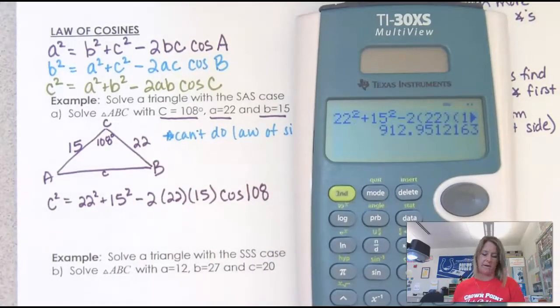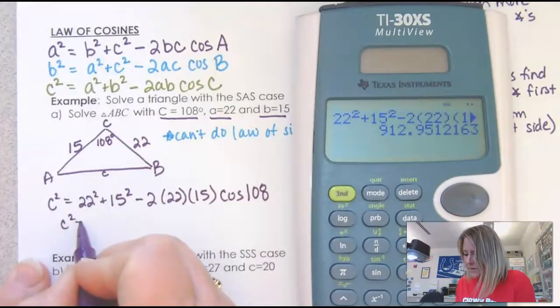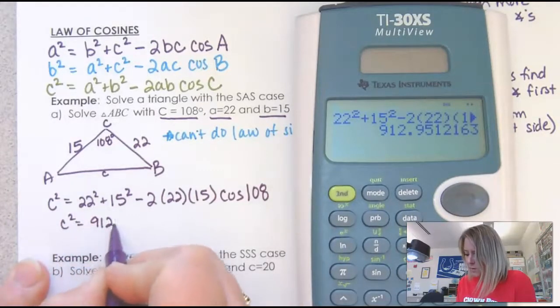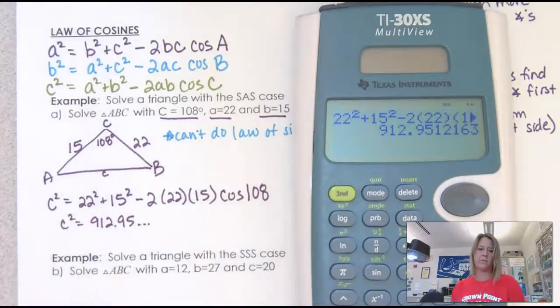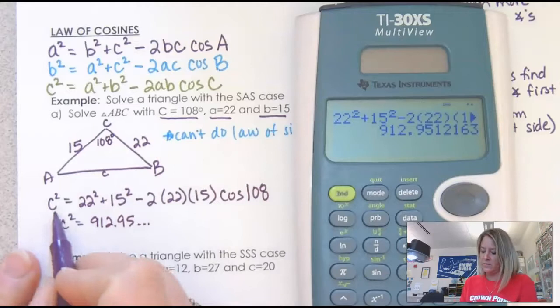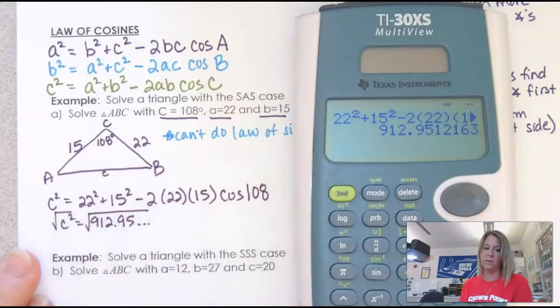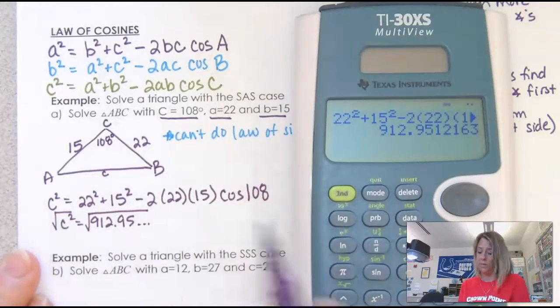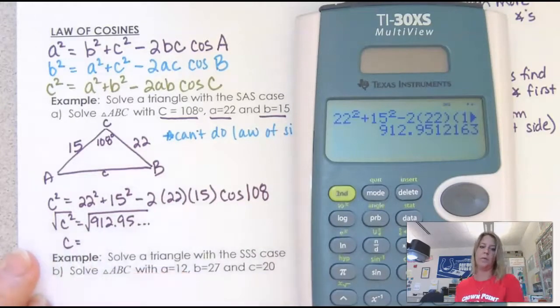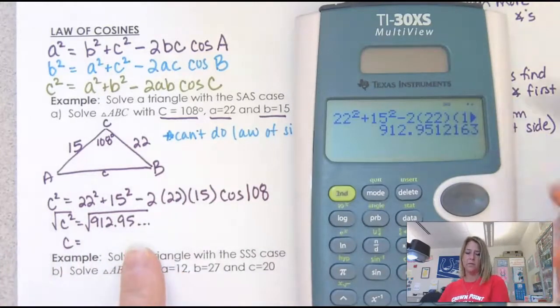So here's where I'm at right now. C squared is equal to 912.95, a whole bunch of numbers. Now I'm going to square root both sides. We're talking about the side of a triangle, so I don't want the negative. Don't mess with plus minus. C equals, I'm not going to clear this out.